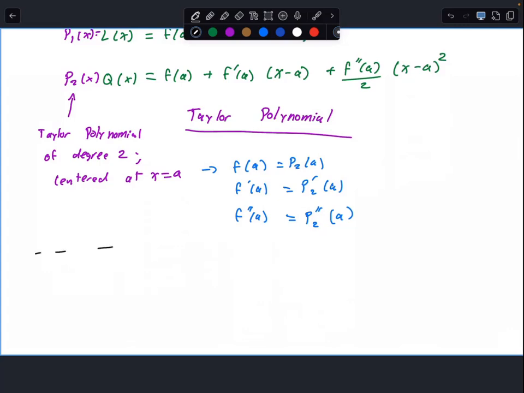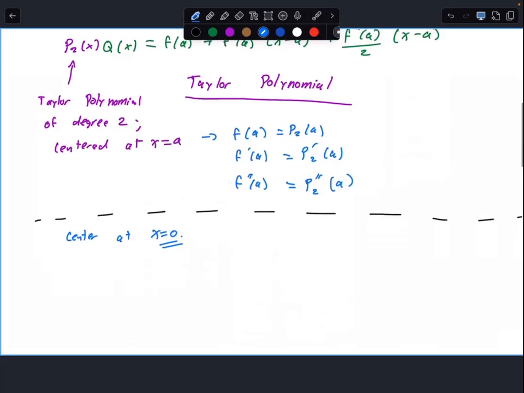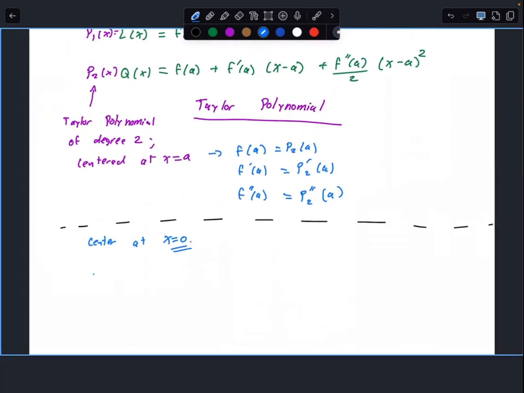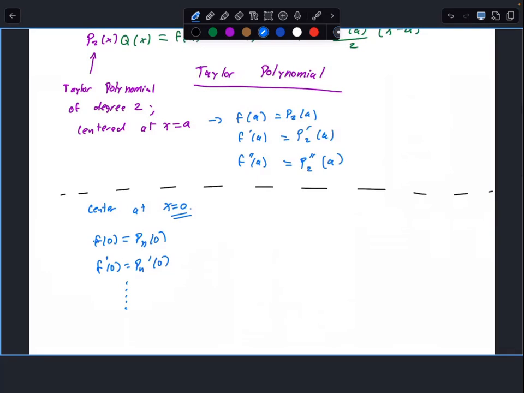And we also have a name for when we want to center at x equals 0 specifically, such that f of 0 equals P sub n of 0, f prime of 0 equals P n prime of 0, and so forth until they share all the same ones.